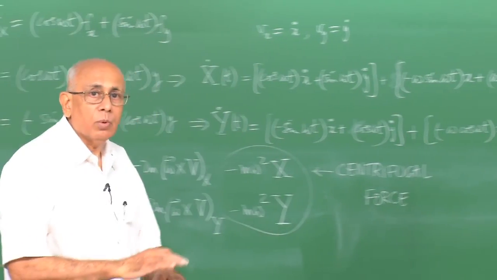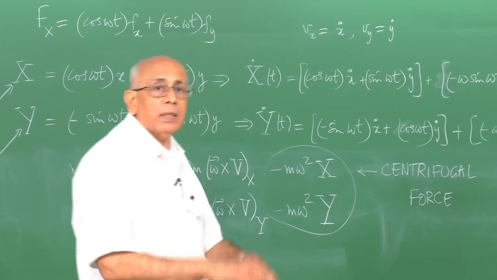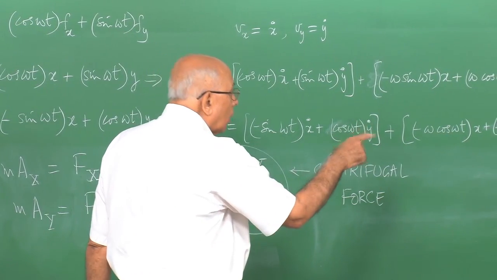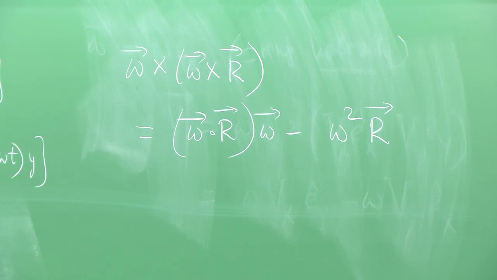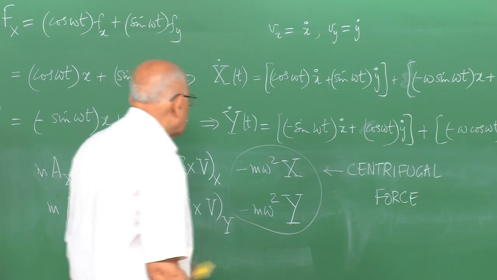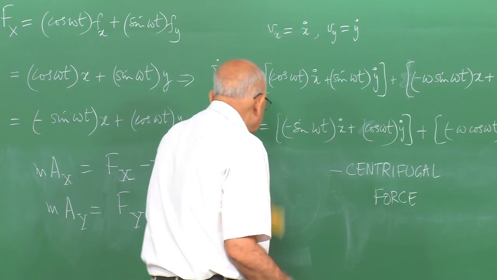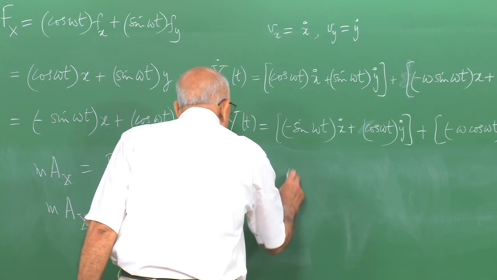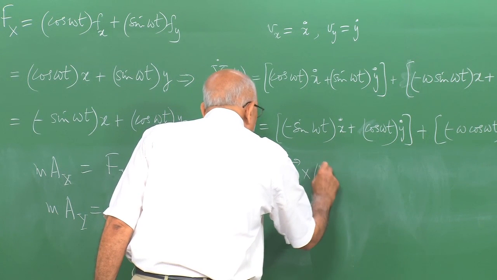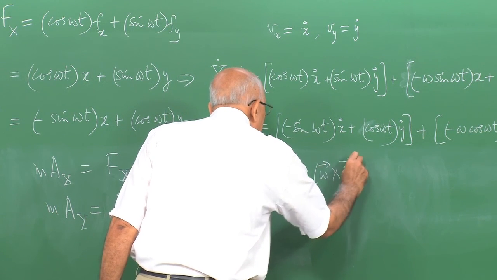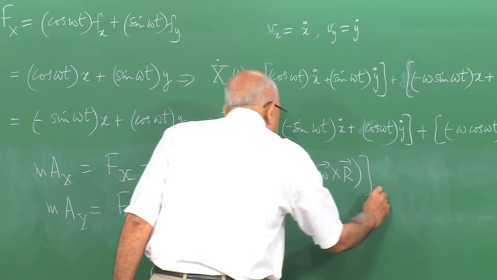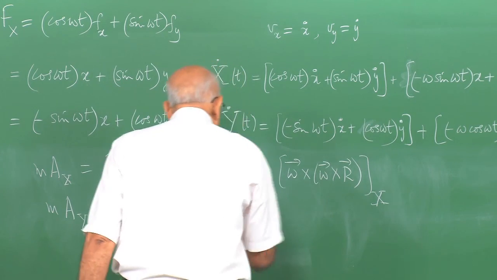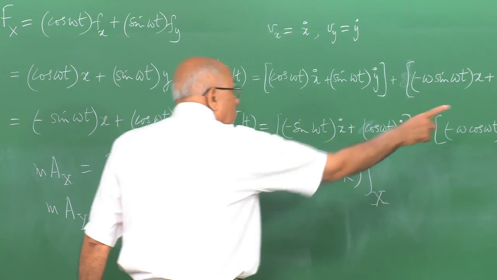We have said this object is moving in the xy plane, and that does not change, it never gets into the z axis. So these two are components of omega cross R, the x and y components respectively, with a minus sign. So let us write this as minus m omega cross R, the x component, and plus, because the minus sign is already there.